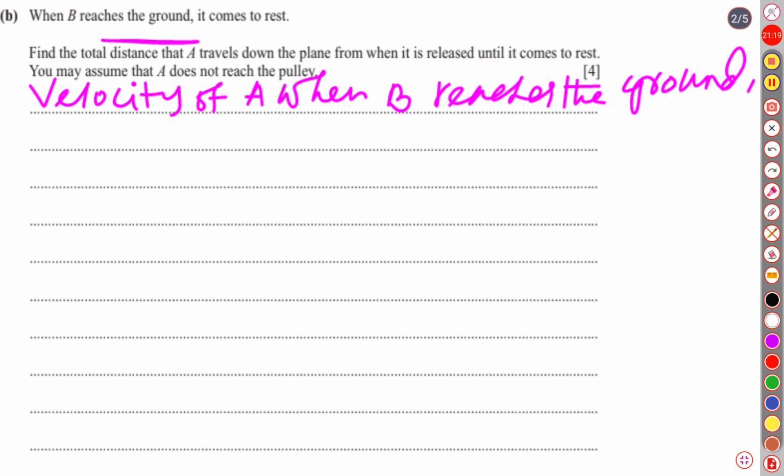Well, we are going to apply the velocity and displacement concept, which is v square is equal to u square plus 2as. Let me zoom it out more.